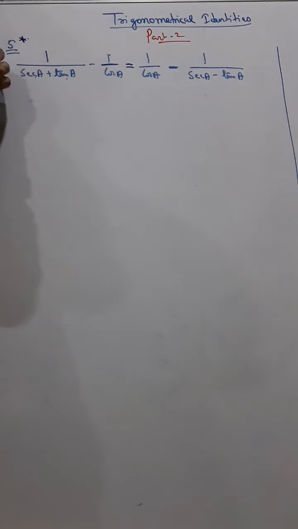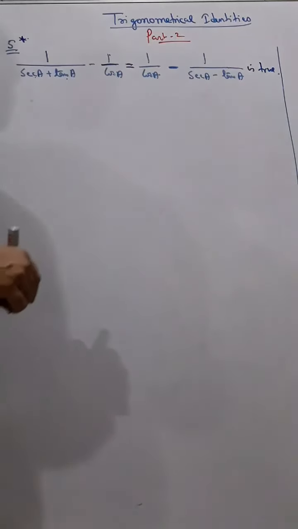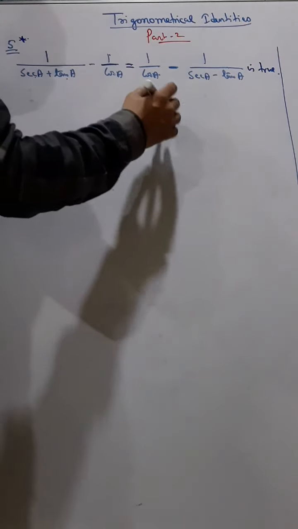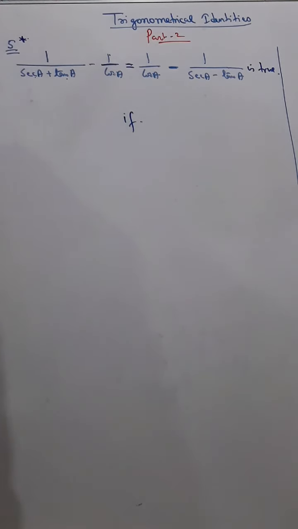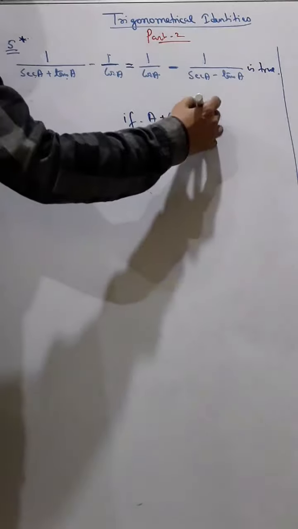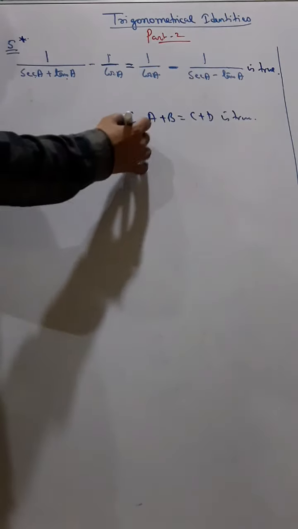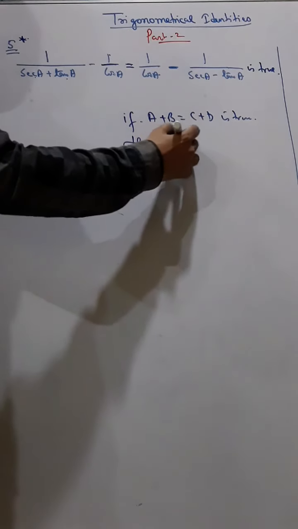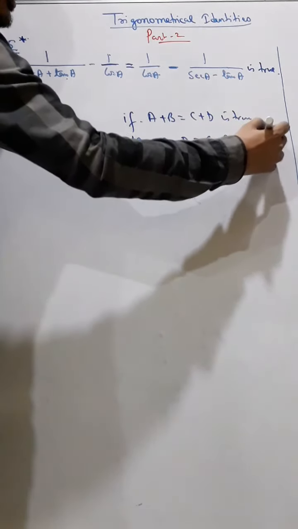So first, let me explain you first. Try to understand what concept we are proving here. Now if a plus b is equal to c plus d is true, try to understand, then I can say that a minus d is equal to c minus b is also true.